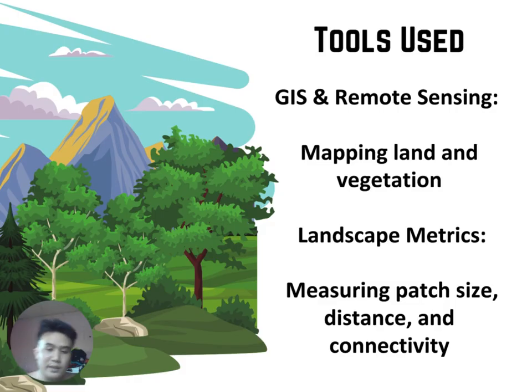Then remote sensing, using satellites and drones to gather data about vegetation, water bodies, and even soil health. Next is landscape metrics, numbers and formulas nga gina-compute to describe things like patch size, edge length, or how connected the patches are. These tools help make evidence-based decisions.